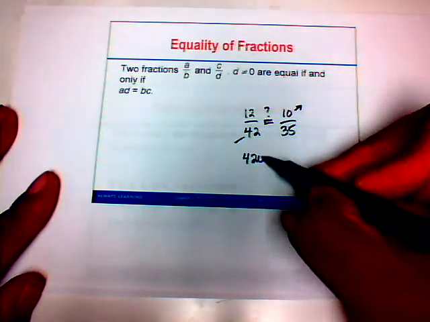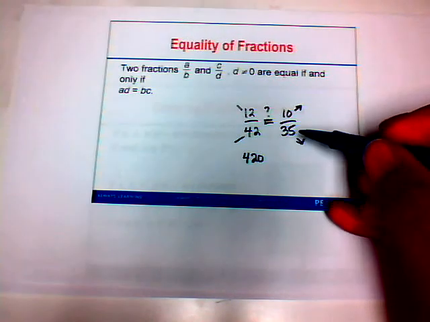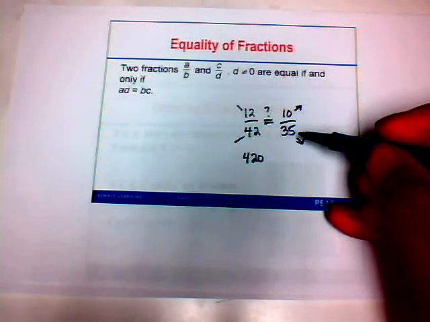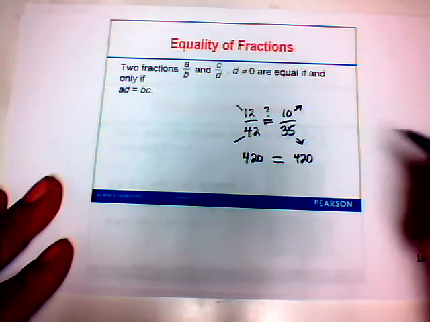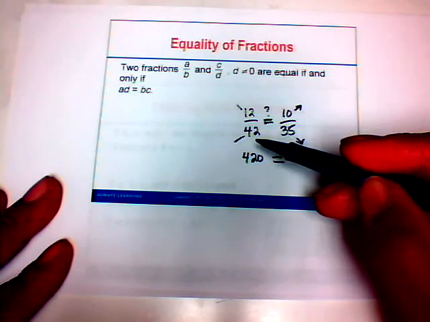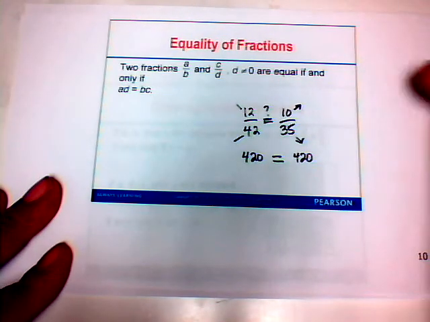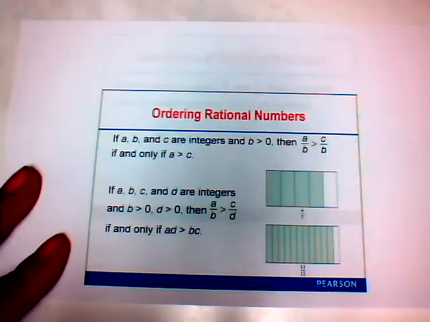That's 420. And then do 12 times 35. That's going to be, let's see, 350 plus 70 is 420. You can see that these cross products are equal, so 12 over 42 is equivalent to 10 over 35. Okay, that's what we mean by using a cross products approach.